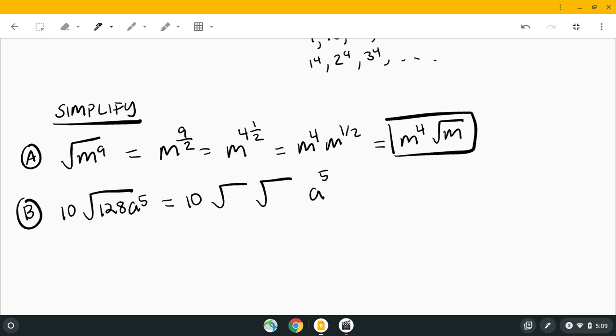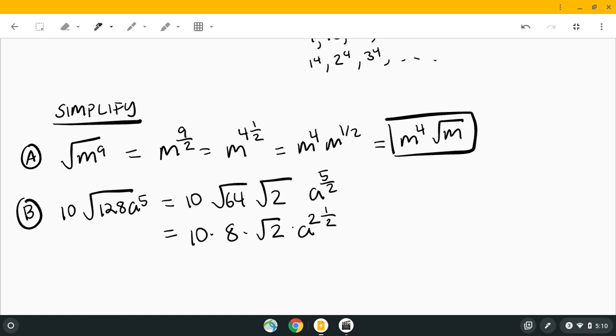I'll do the a to the 5/2. Okay. This is going to be, I'm going to use 64 times 2. Okay. So that's going to be 10. That's going to be 8. That's going to stay. And here, now I take care of this and turn this exponent into a mixed number. So that's going to be 2 goes into 5 twice with a remainder of 1 over 2.